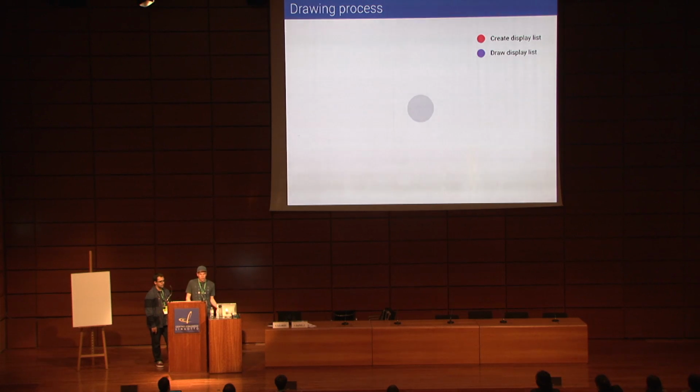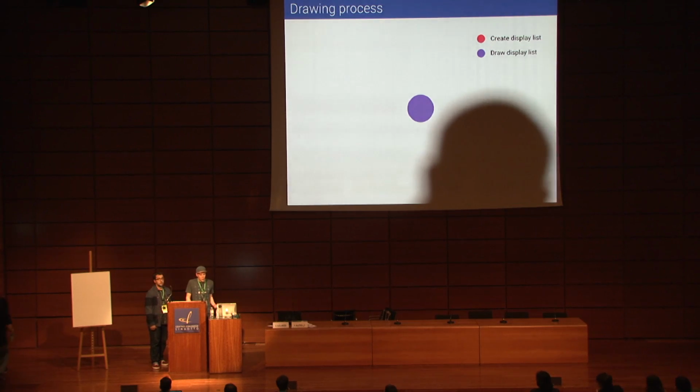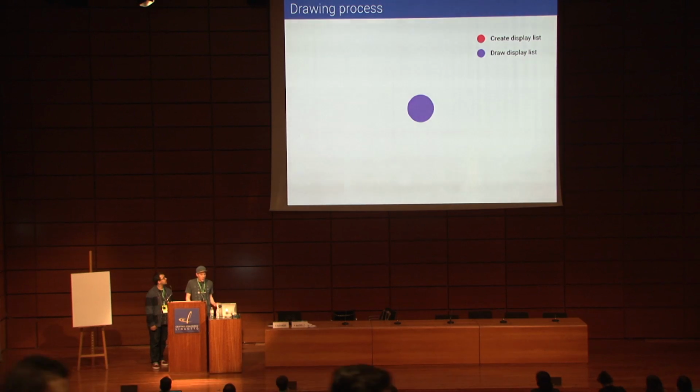What happens when we try to draw this view is we'll just draw the display list. We won't create a display list as nothing has changed, so the same commands that were previously cached in a display list can be reused and redrawn. The majority of time spent here is in creating the display list. So this optimization is great and saves a lot of time when drawing, because in most frames, something has not changed.